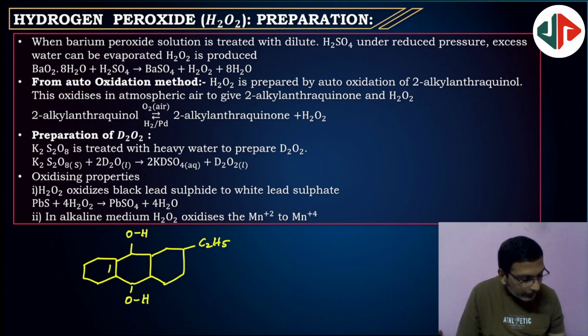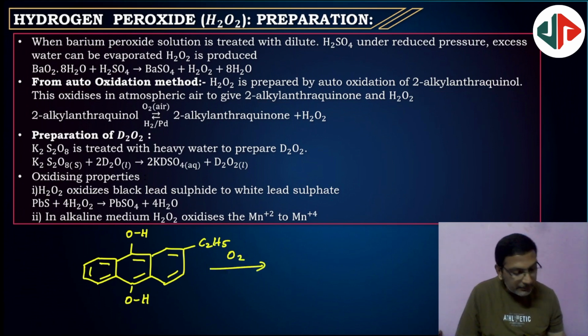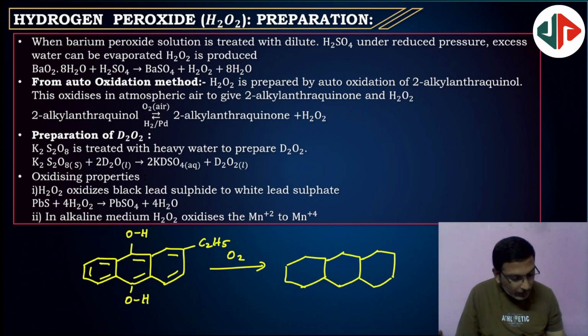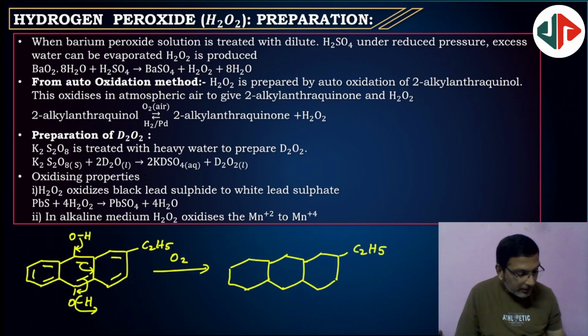We write it like this. Oxidation, aerial oxidation, gives 2-ethyl anthraquinone. That means the shifting will be like this. Here H2 is removed, and that H2 reacts with O2 to form this compound. Very important preparation.